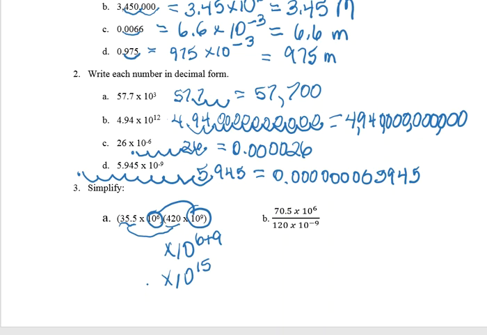So I got 14910. Now this in itself is not in engineering notation.